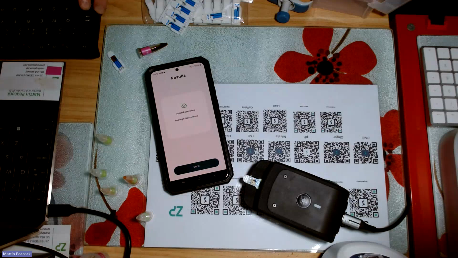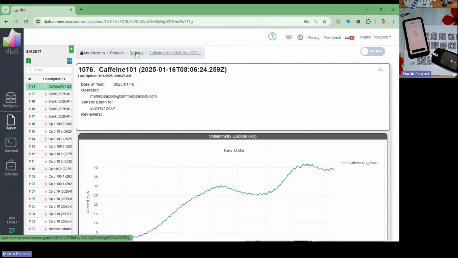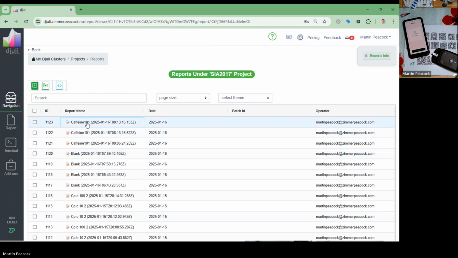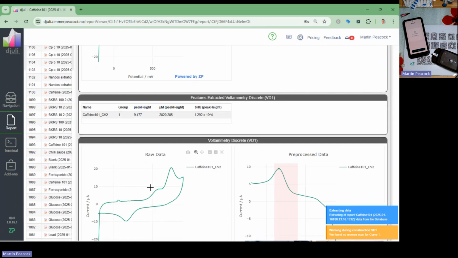So I'll share my screen again with you. So I go up to here. I'll go into here. I'll just do a quick refresh, see if another data pops up, which it did, just popped up there. And I can see here my voltammetry is very different from the experiment that I just showed earlier on.